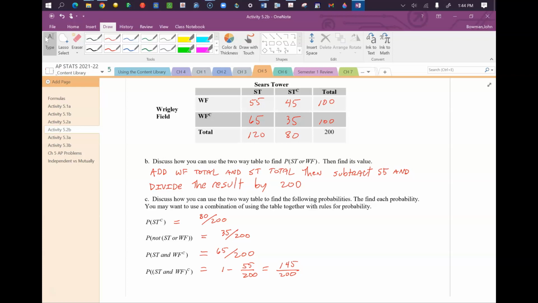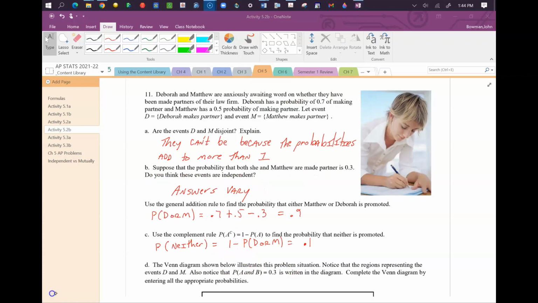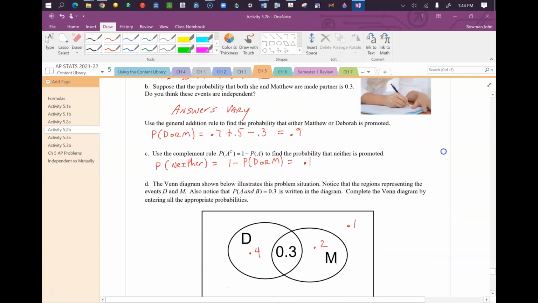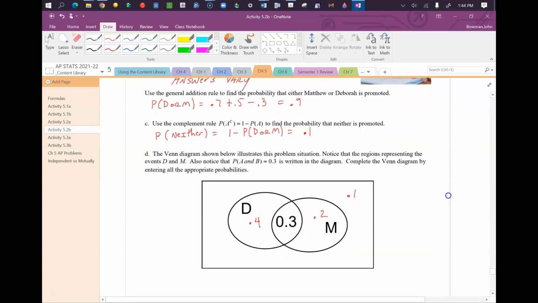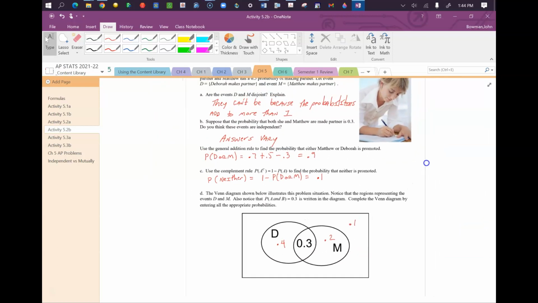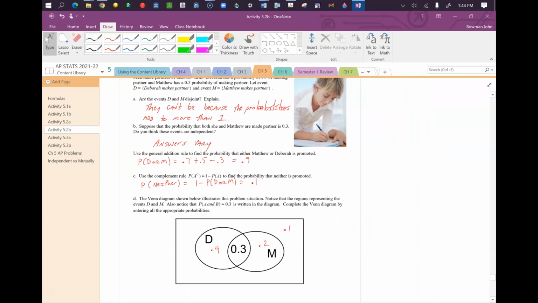Question 11, a little bit more practice. So if you want to pause the video, work out question 11, and then hit play to check your answers, you can do that. Here are the answers to question number 11. This is the Venn diagram for it. Show all of those to you at one time.